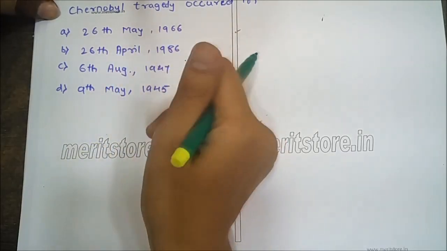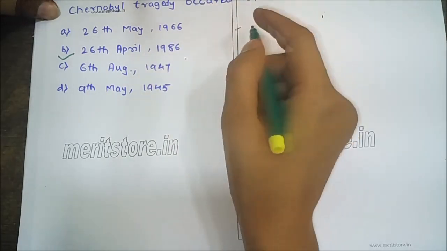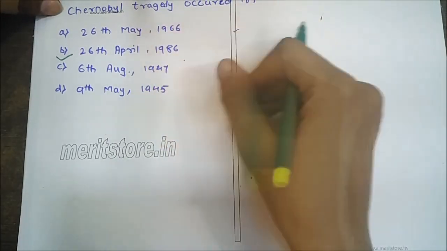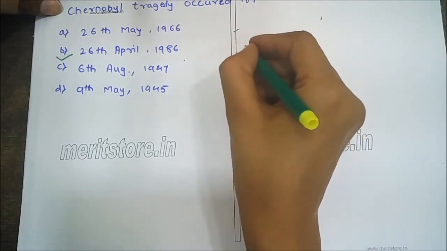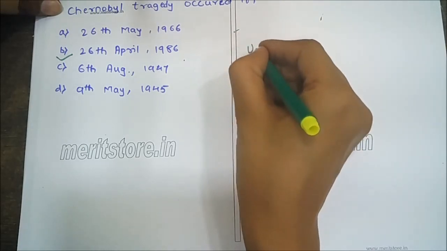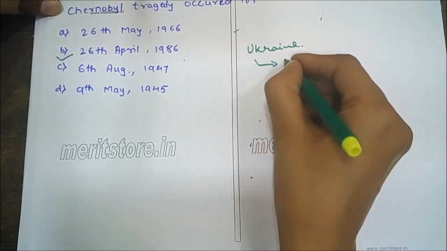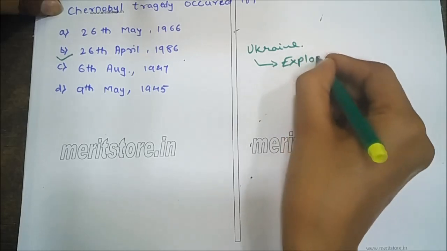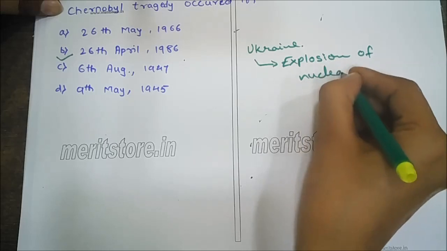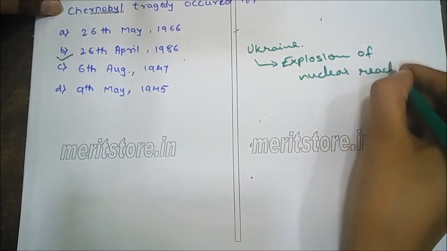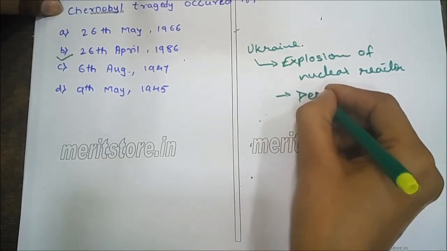The Chernobyl tragedy occurred on 26th April 1986, as we have studied in earlier questions. The Chernobyl tragedy happened in Ukraine, and it caused the explosion of a nuclear reactor, and it caused the death of many people.